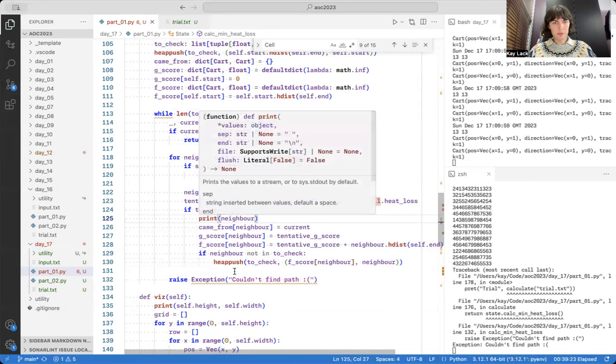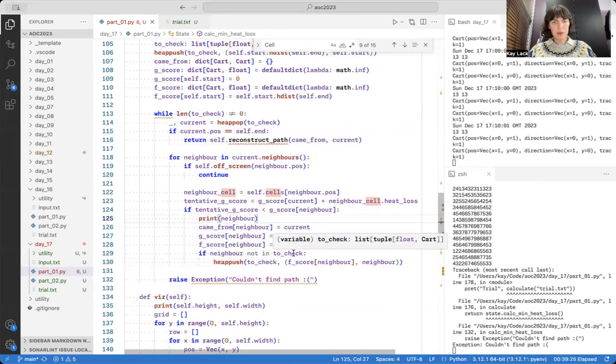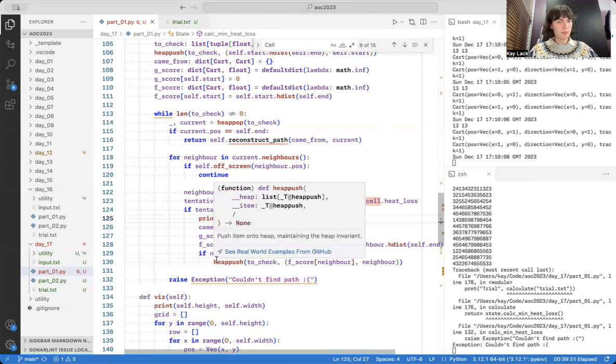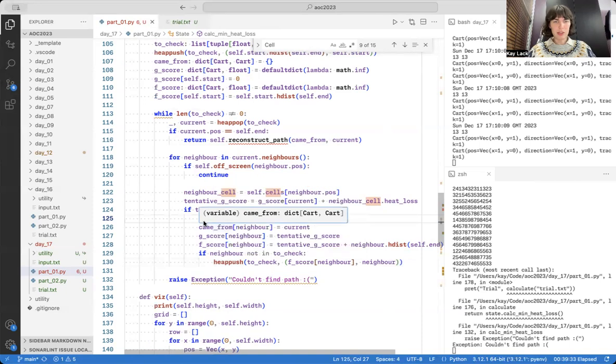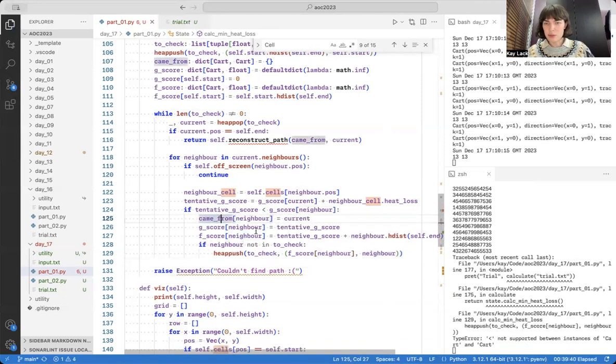Yes. If neighbor not in to check, we should be pushing into the to check, right? So we should get here. Oh, this is too indented, that's why.